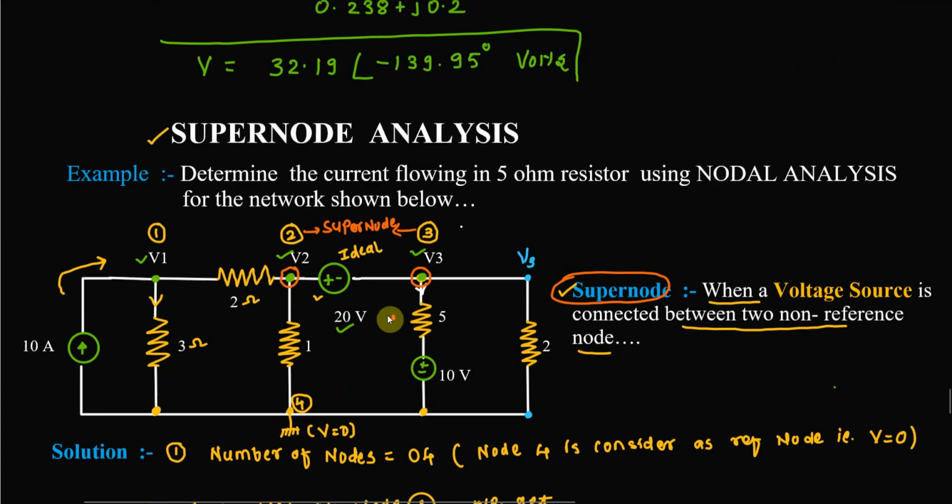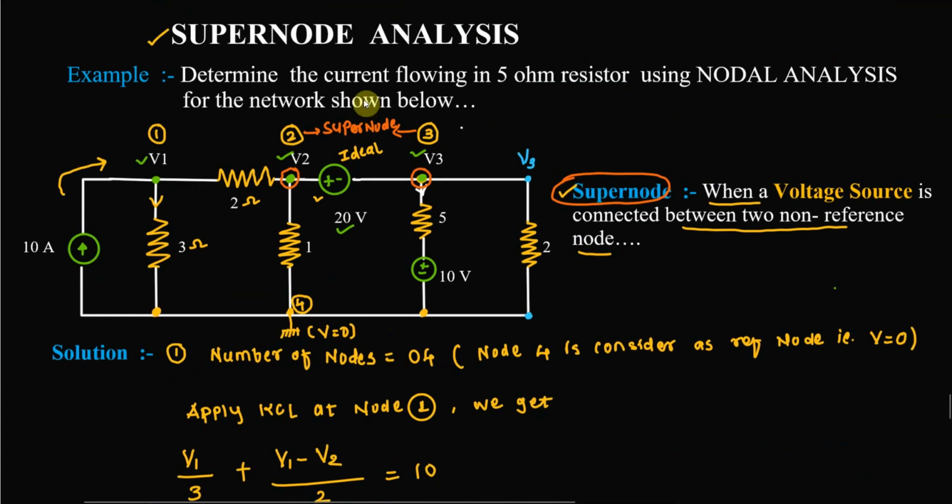But in the question, what they have asked is to find the current flowing through the 5 ohm resistance. So we have to find the current flowing through the 5 ohm resistance. The current flowing through is simply V3 minus 10 divided by 5.